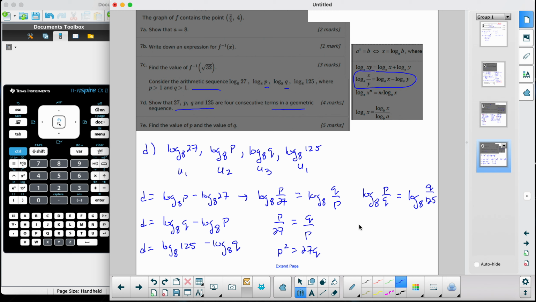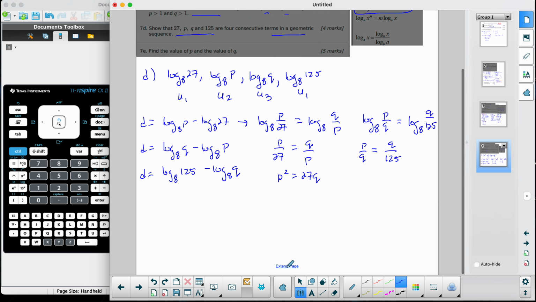And same thing here, I know that P over Q is equal to Q over 125, right? So same reason again, cross multiply again, Q squared equals 125 times P. So we're going to do some substitution here so I can get one variable.